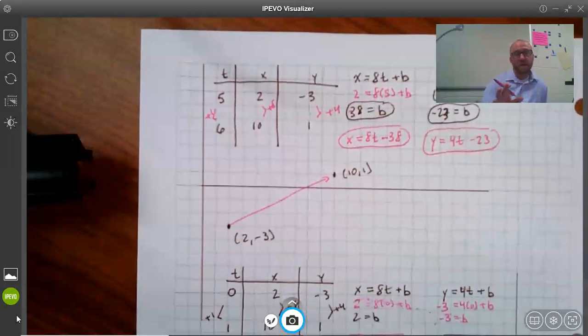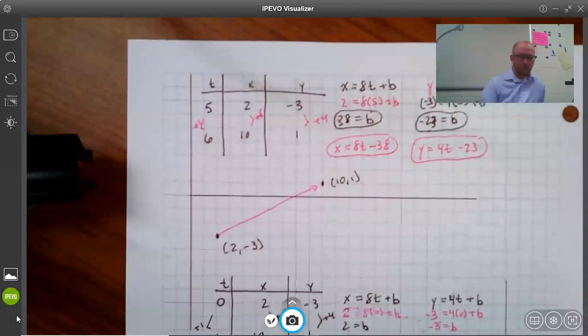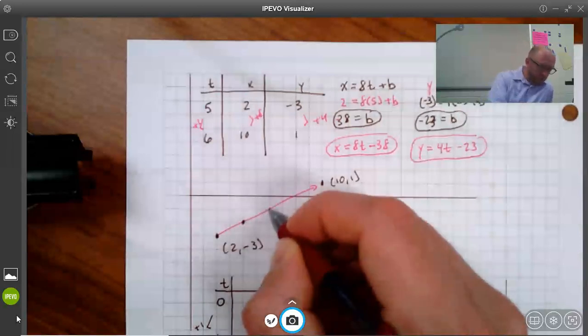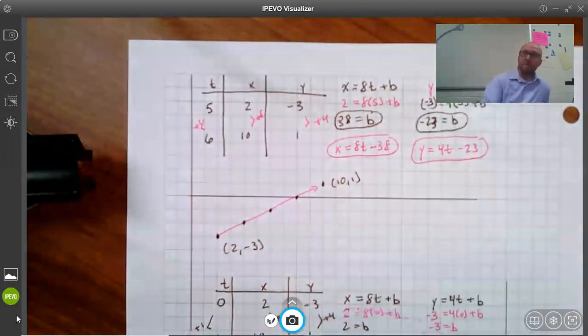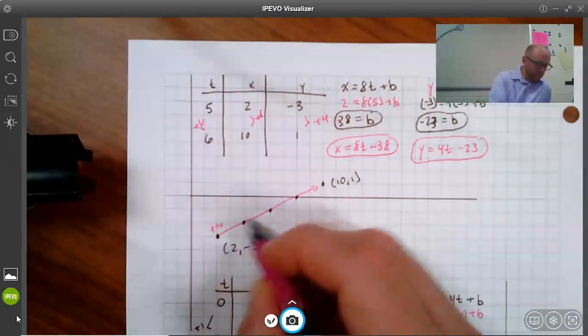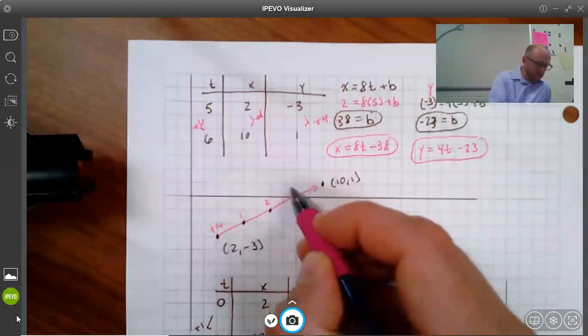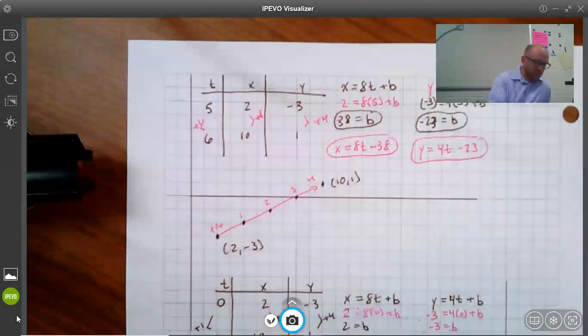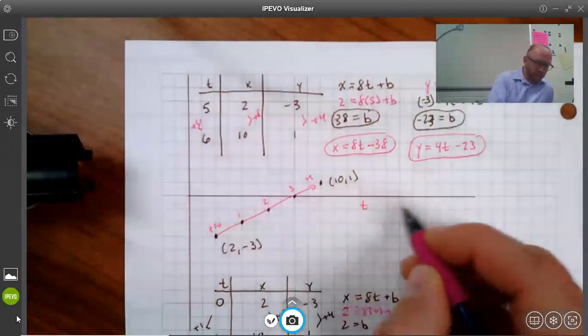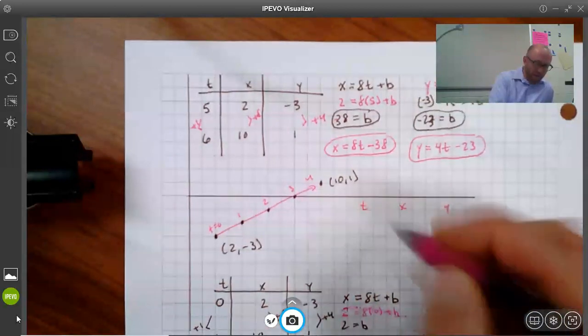Let me show you an example so I can clarify. If you notice, this line here passes through several whole number points right here. And I'm going to call this t equals 0, 1, 2, 3, and 4 out here. So in our new table, I have t, I have x, and I have y.